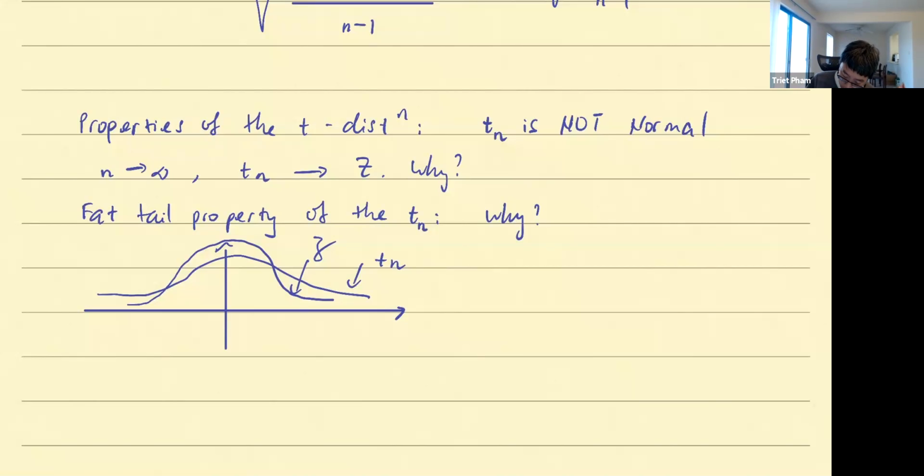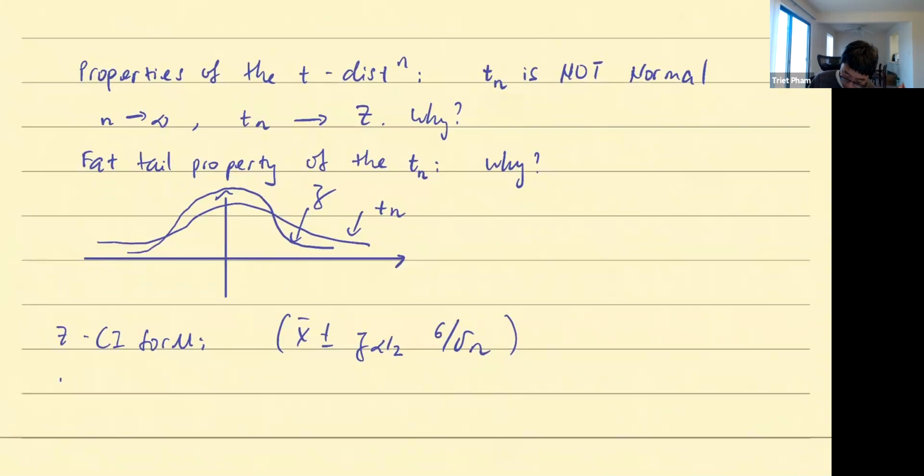If you compare the Z confidence interval for mu, which would be something like x bar plus minus z alpha over 2 sigma over root n, and the t confidence interval for mu, which is x bar plus minus t n minus 1 alpha over 2 s over root n, right?